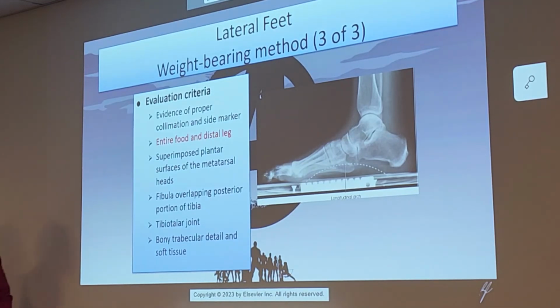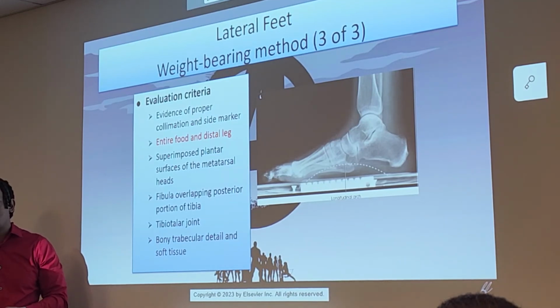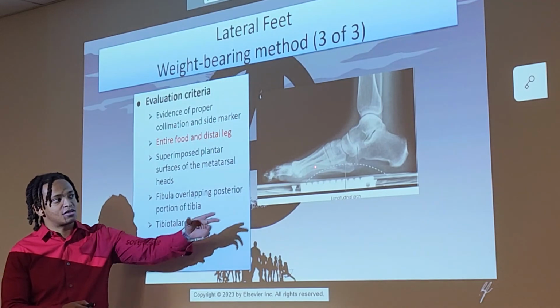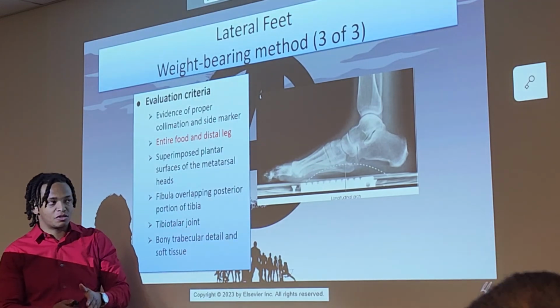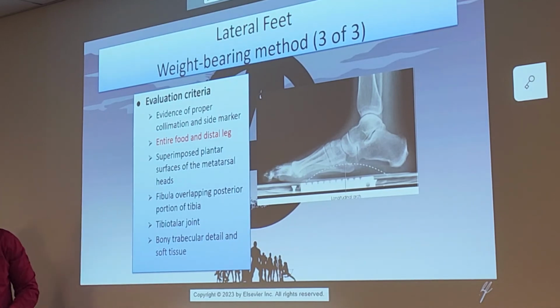It won't be exactly lateral like a lateral foot because you have more flexibility with it. With weight bearing, it's somewhat superimposed. It's not completely superimposed, but this is the best you can do in that position. And then the fibula overlapping the posterior portion of the tibia. Good, another indication of the lateral. And then the tibiotalar joint. What is that also known as?